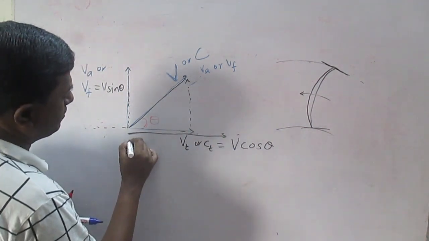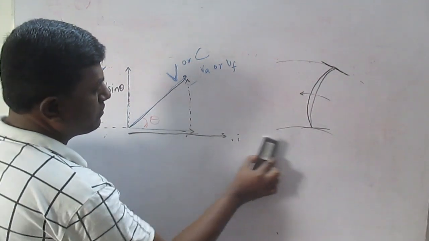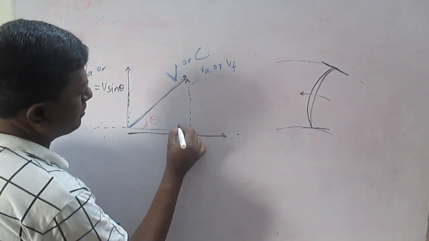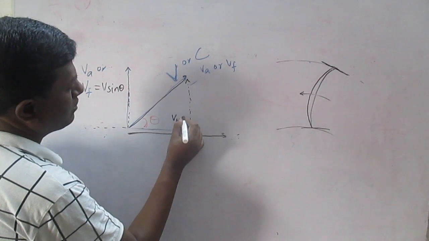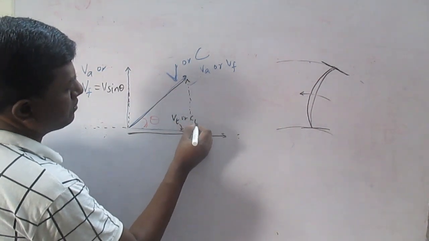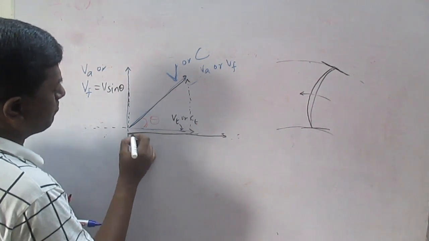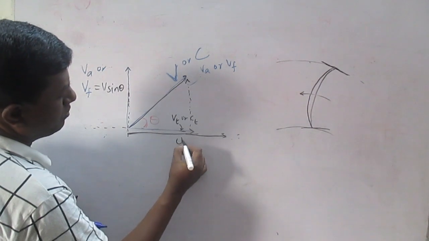This component is nothing but Vt or Ct. And this is what we say is u, small u or capital U.